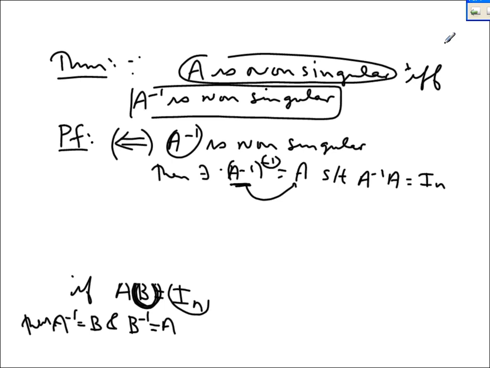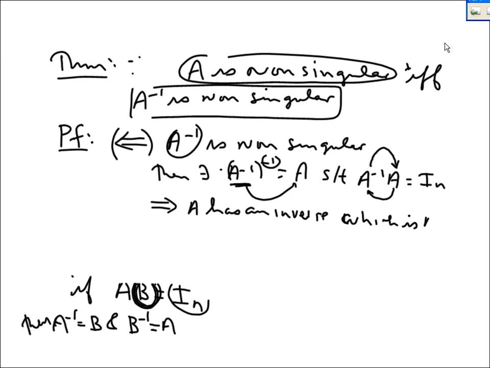But everyone will agree with that statement. But that implies A has an inverse. They come in pairs. If A inverse has an inverse which is A, well then A has an inverse which is A inverse. Therefore, A is non-singular. A has an inverse. So it's non-singular.